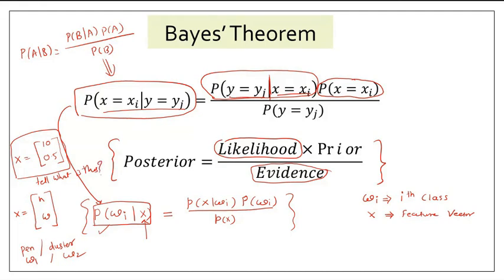This is the question. So what we do is we find out the posterior probability, that is the predicted, you can say, probability or some kind of prediction based on probability, which is called the posterior: if this is the x, then what is this? The given condition is x. You are being provided the capital X vector and you are asked what is the chance that this is omega 1.